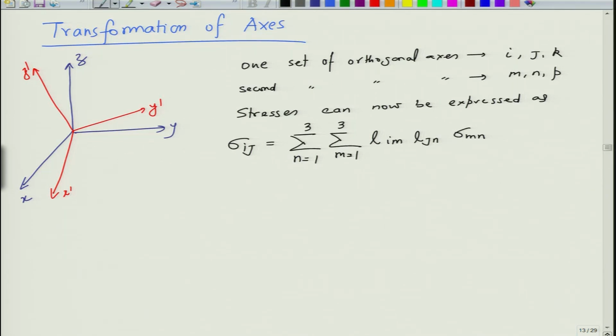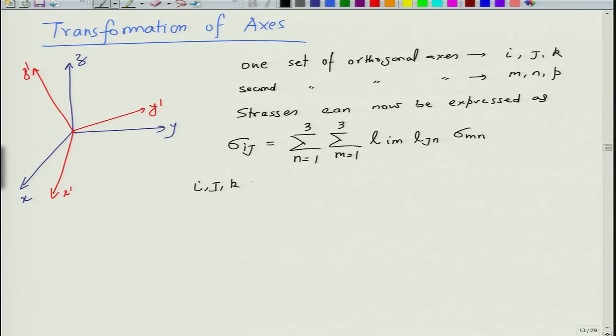So, n is summed over 1 to 3, m is summed over 1 to 3, and of course i and j vary from 1 to 3, but at one time you can take only two of them. So, i, j, k can vary from 1 to 3 and m, n and p can also vary from 1 to 2 to 3. Okay.